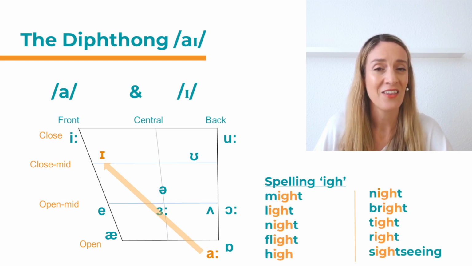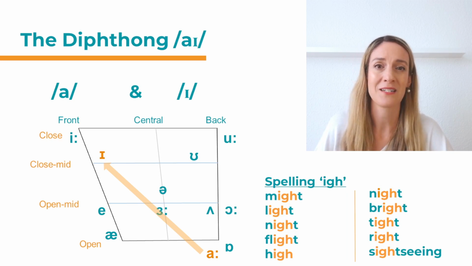Here is another very common spelling pattern for the diphthong /aɪ/. The spelling pattern is a little bit longer this time. We have the spelling IGH. But all three letters together form the sound /aɪ/.